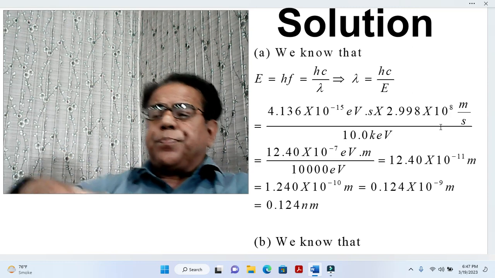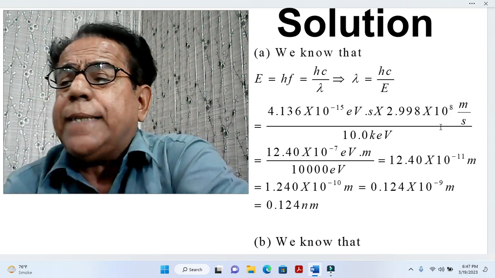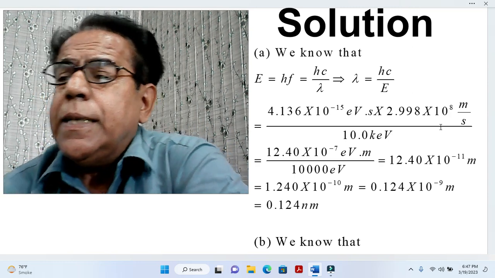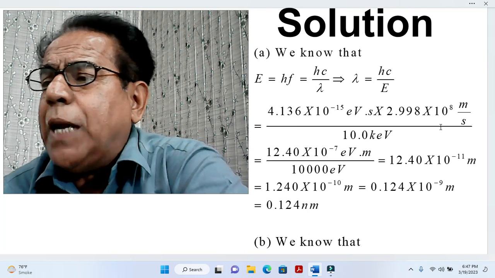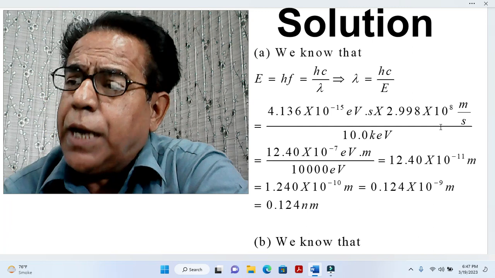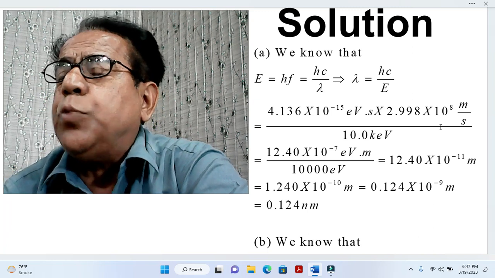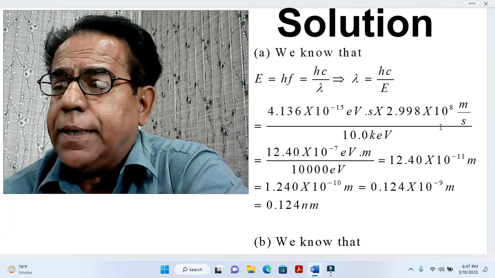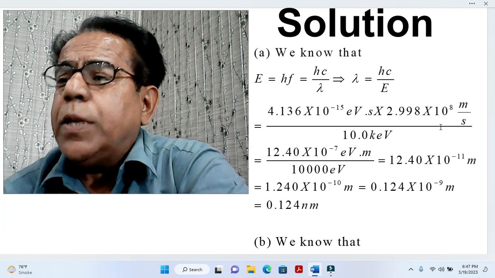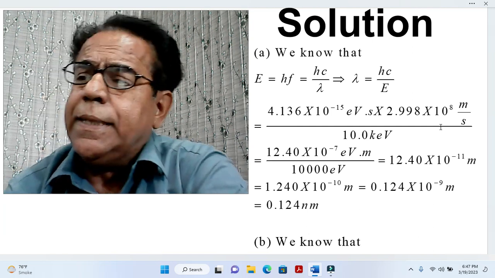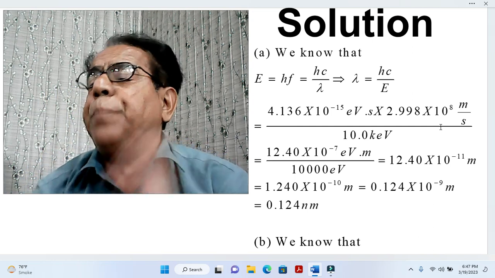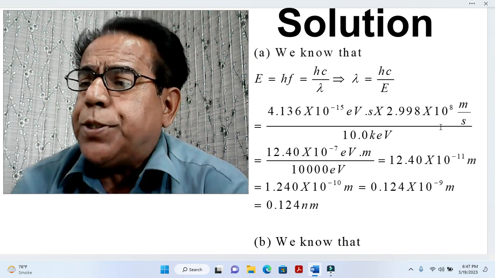Okay, so in the next step, in place of 12.40, we have made it 1.240 into 10 raised to the power minus 10. Okay, because we have shifted decimal one place behind, so minus power has been reduced by 1.